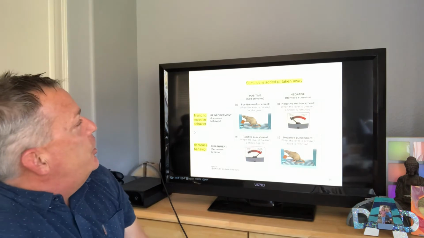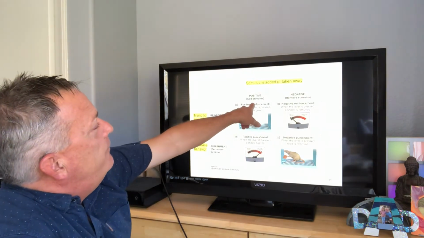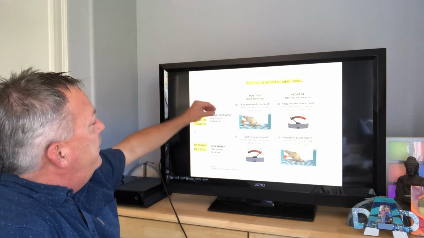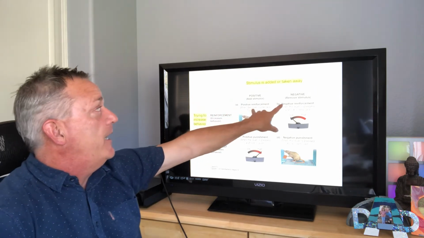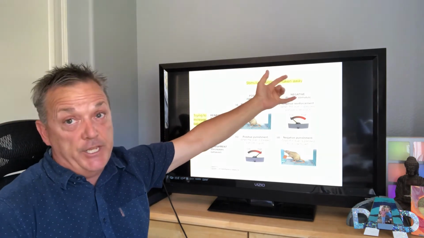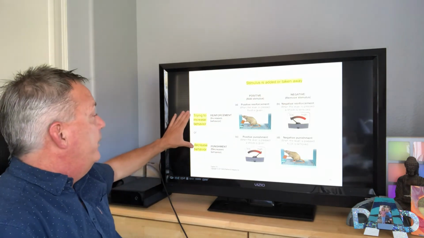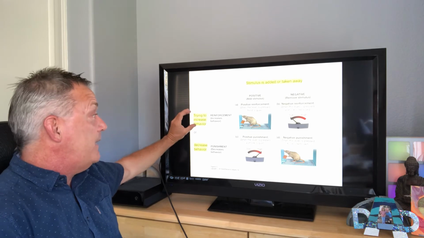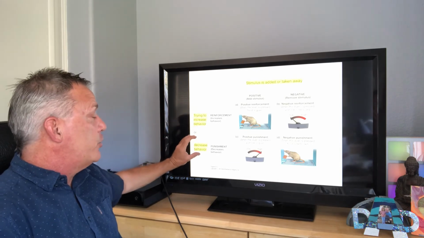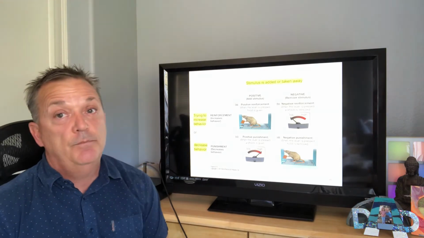And this kind of just shows the difference between positive and negative and then reinforcement or punishment. And remember, with positive and negative, it just means the stimulus is added or taken away. And with reinforcement versus punishment, reinforcement, you're trying to increase a behavior. Punishment, you're trying to decrease a behavior. Okay?